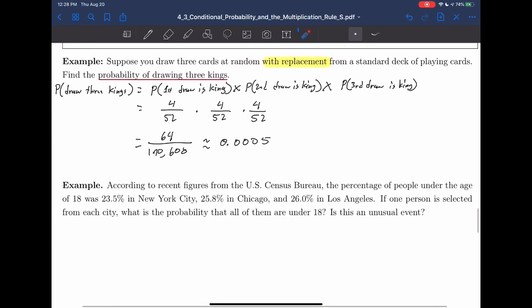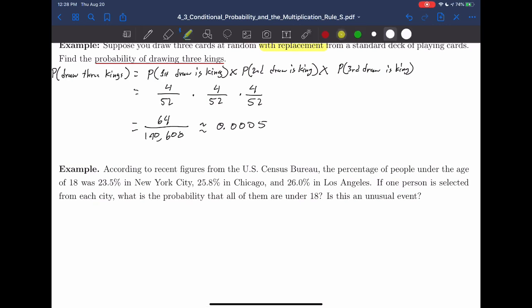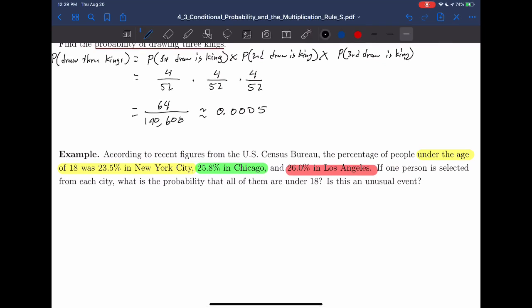Another example will be, let's say you know that the percentage of people under 18 in New York is 23.5%, and Chicago is 25.8%, and LA is 26%. And let's say if you choose one person, what is the probability that all of them are under 18? And we want to see if this is an unusual event. We're going to use the multiplication rule again for this. So this is just the probability of choosing a person in New York times the probability of choosing a person in Chicago times the probability of choosing a person in LA.